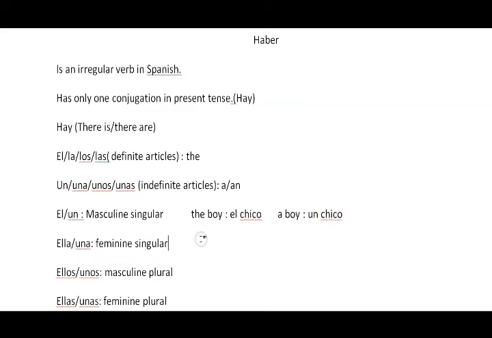In the same way, if you want to say the house, it is la casa. And if you want to say a house, it will be una casa. Similarly, if you want to say the cars, it will be los coches.